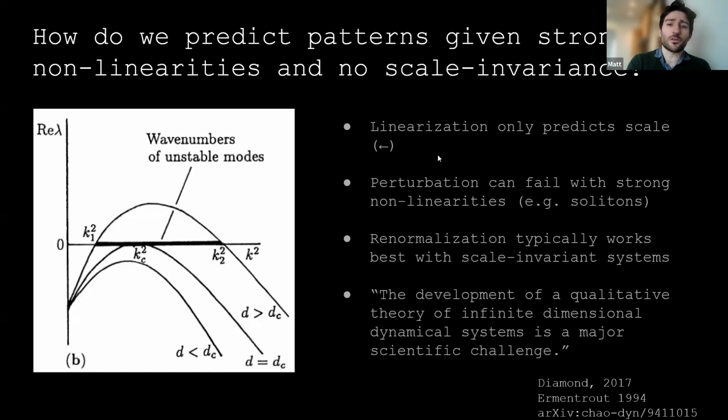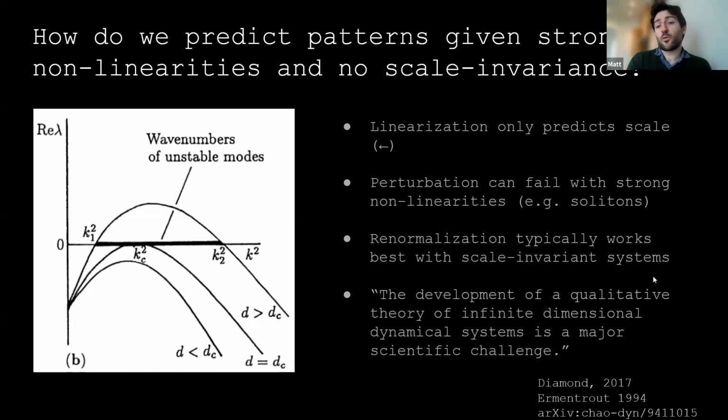Later work resorted to perturbative methods, but in general those can fail in the presence of very strong nonlinearities where your perturbative assumption does not hold. Then you can get esoteric cases where you have things like solitons, which can collide and in so doing disobey your perturbative assumptions.